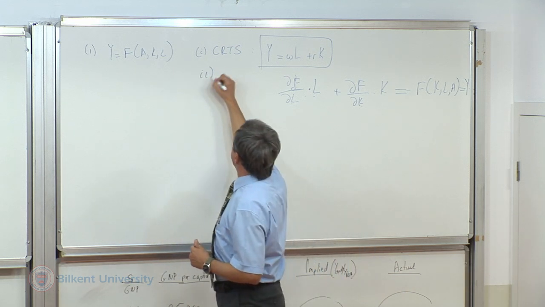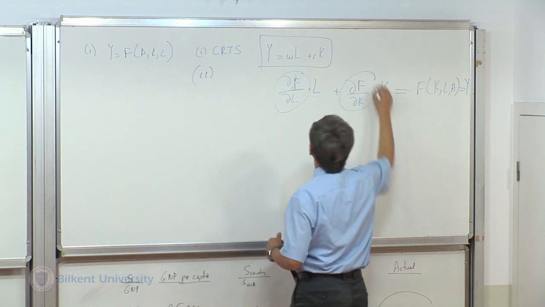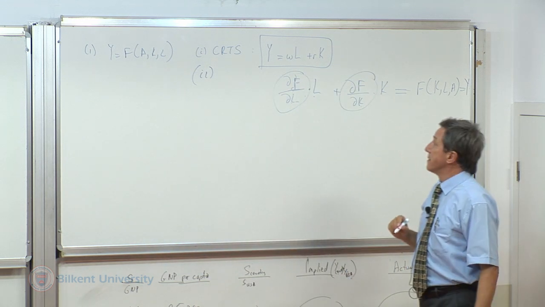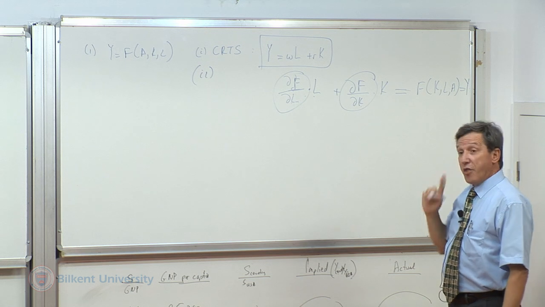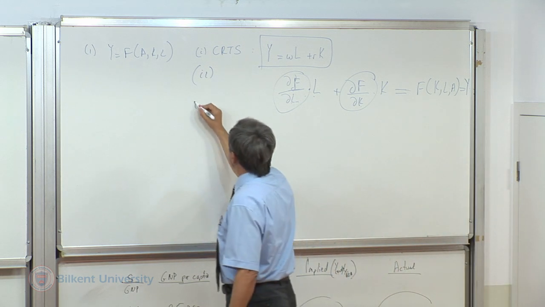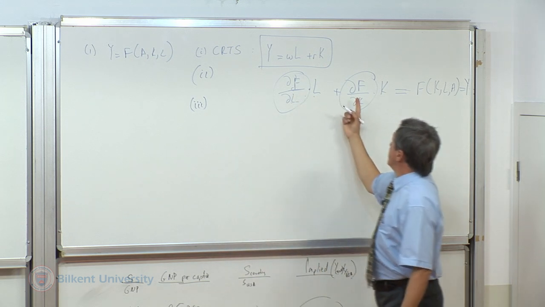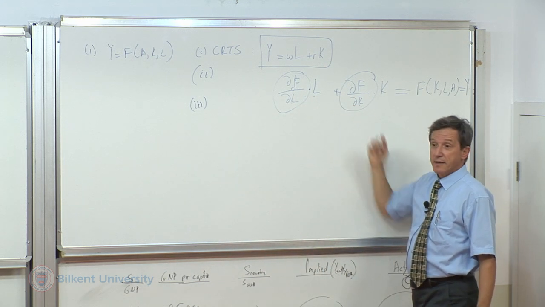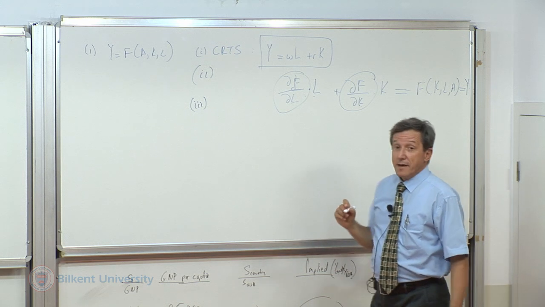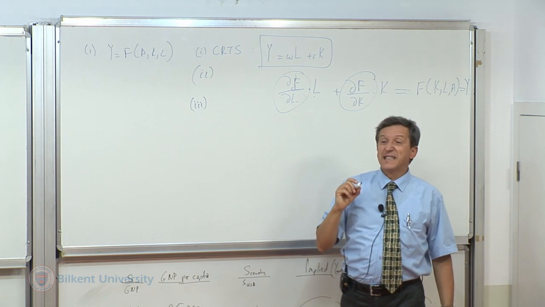So the second thing is these things have to be present. Thirdly, it is ideal that these derivatives, especially this one, be of the negative sign.